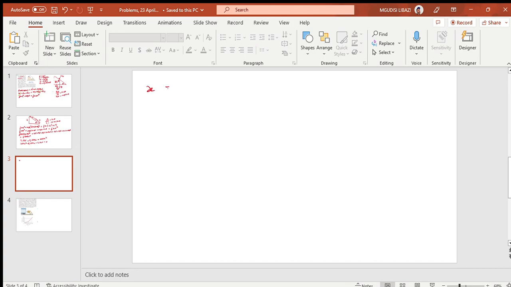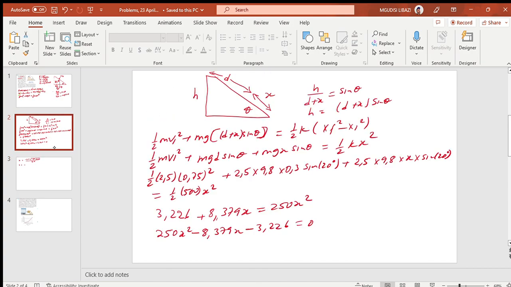We know that x will be equal to negative b plus or minus the square root of b squared minus 4ac, and then we divide by 2a.